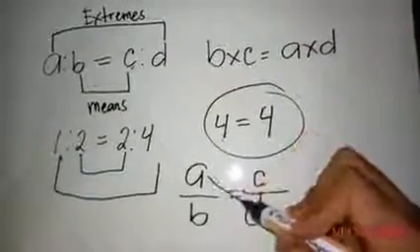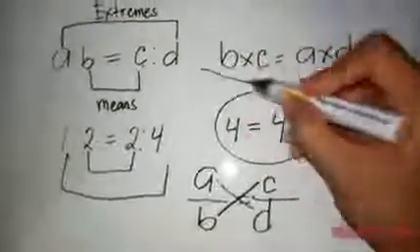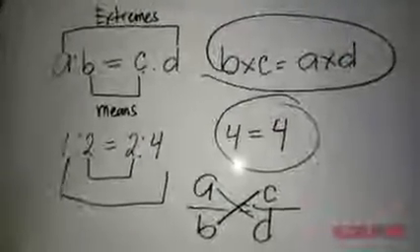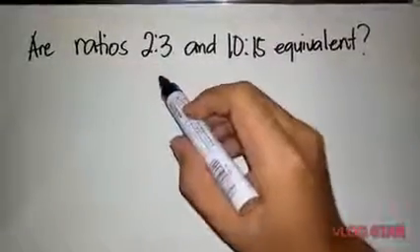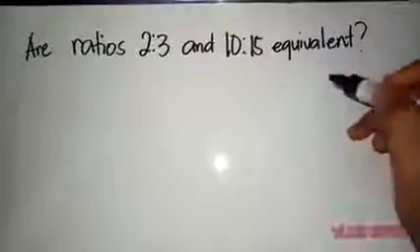So A times D and B times C must be equal. Are the ratios 2 to 3 and 10 to 15 equivalent?